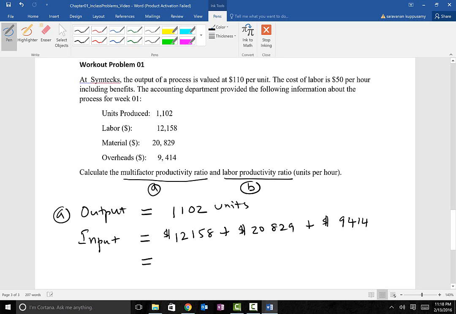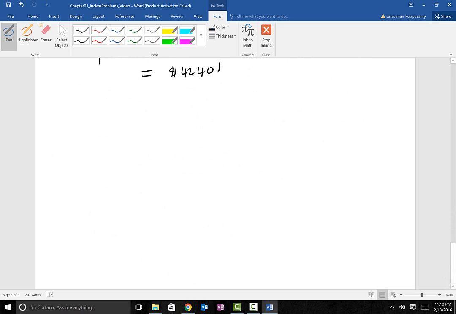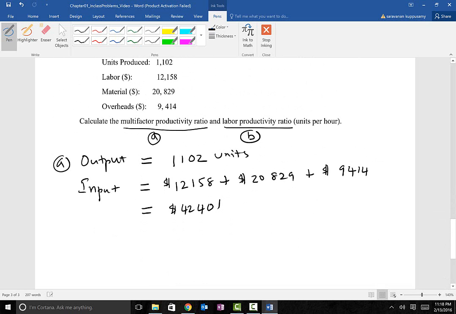So that amounts to $42,401, and the productivity ratio is output, which is 1102, by input, which is $42,401.